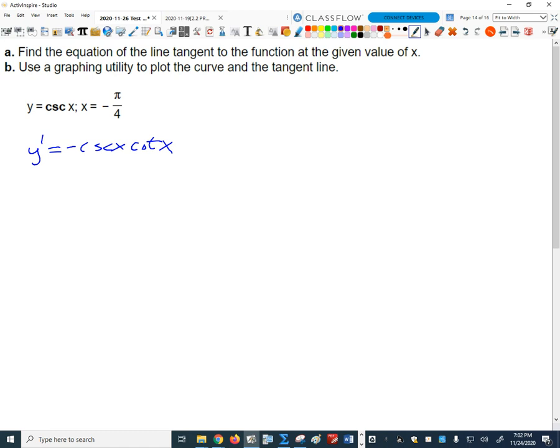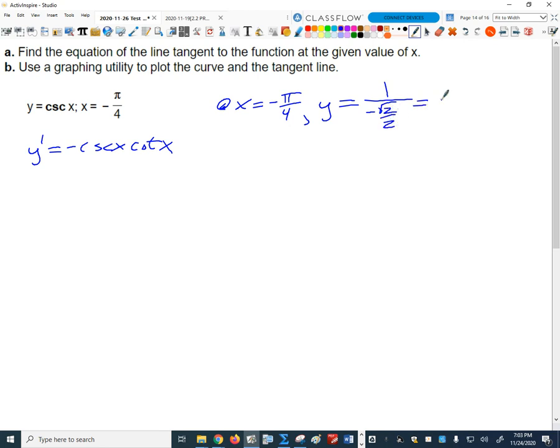When x is negative pi fourths, what would y equal? Cosecant of negative pi fourths. Cosecant is the reciprocal of sine, so that's 1 over sine of negative pi fourths, which is 1 over negative square root of 2 over 2.